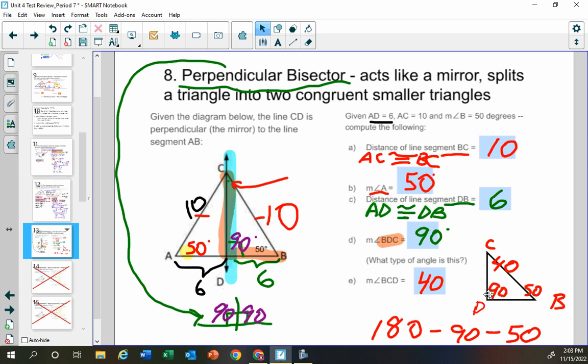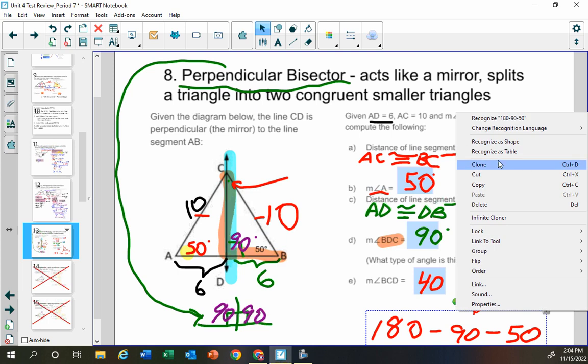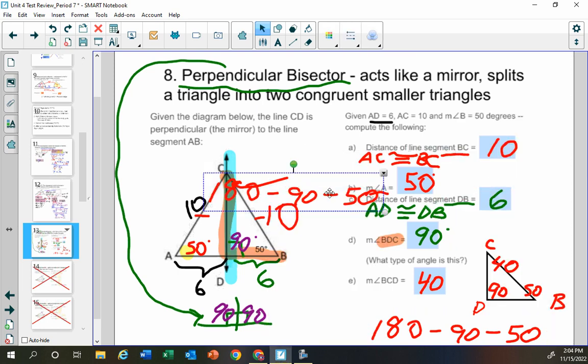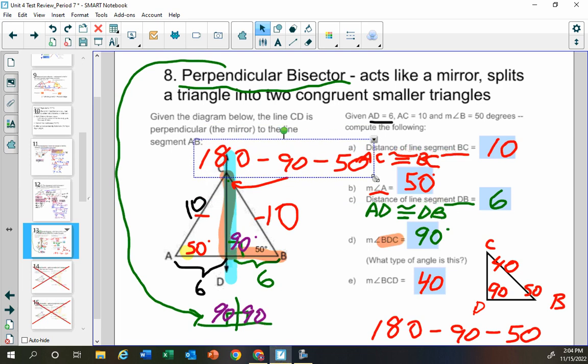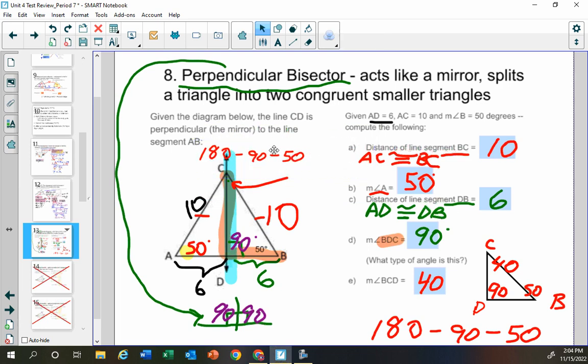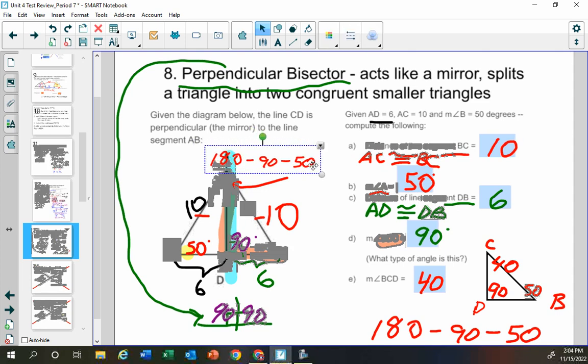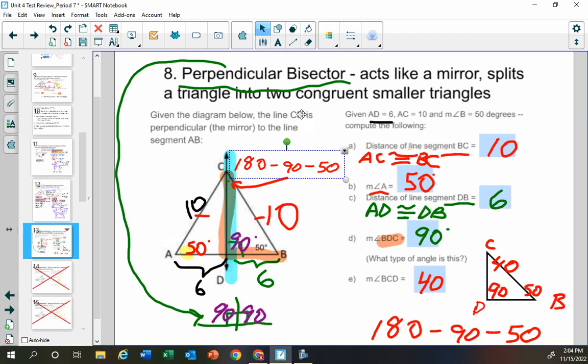You're going to get the 90. Then you know, okay, my last angle, I just have to do 180 minus 90 minus 50. That's how you get that last angle, 40.